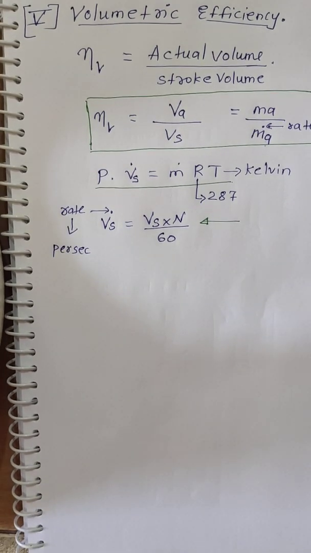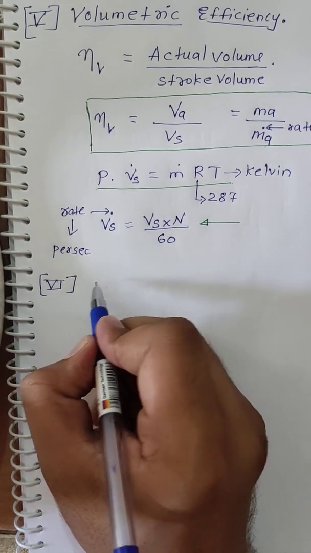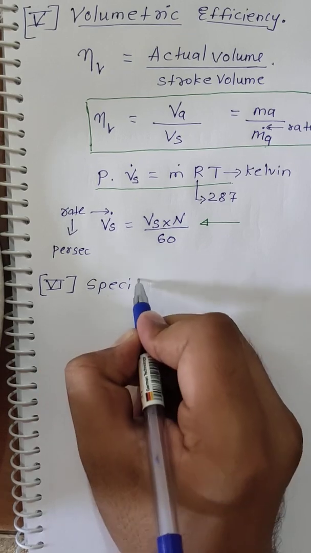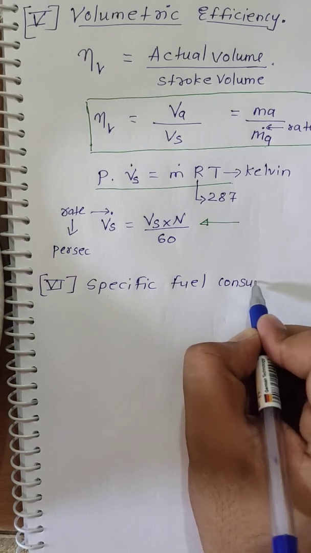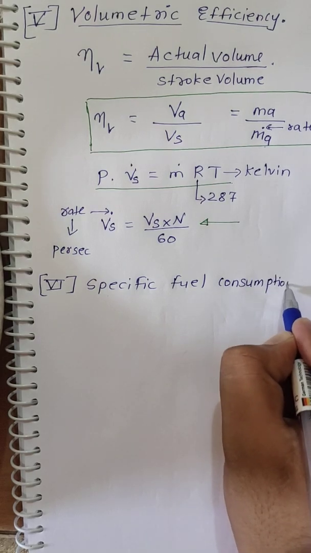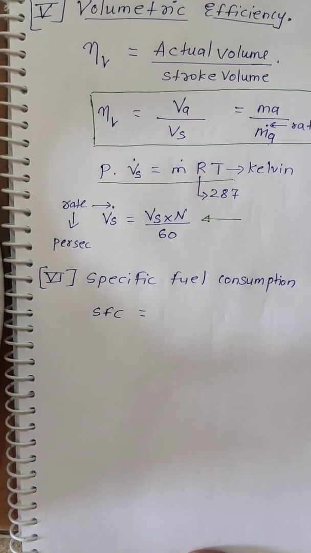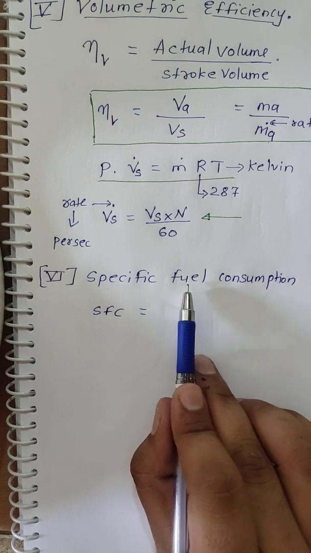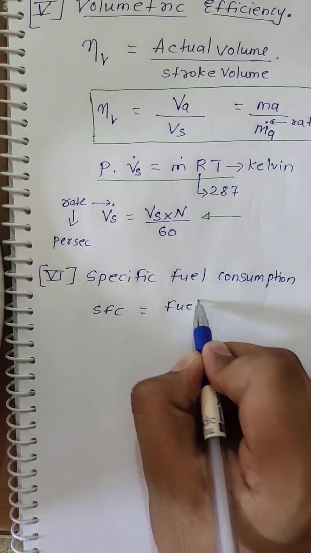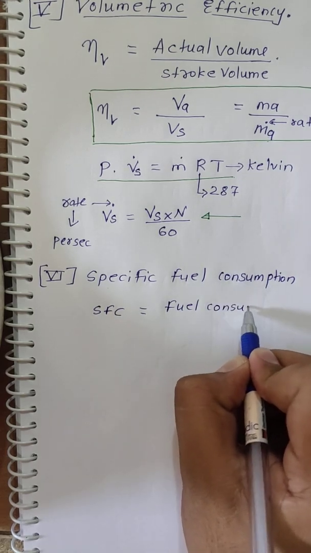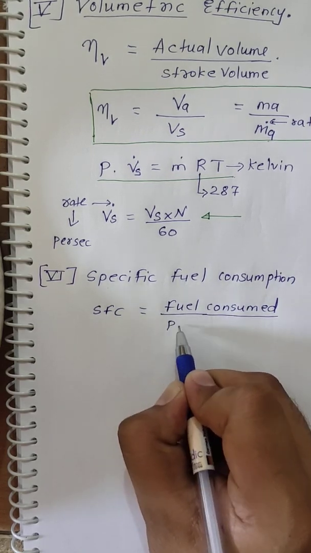So your last basic is specific fuel consumption, denoted by SFC. Okay, specific fuel consumption. देखो नाम में ही है. Fuel consumption means how much amount of fuel it had consumed, to how much amount of power it had developed.